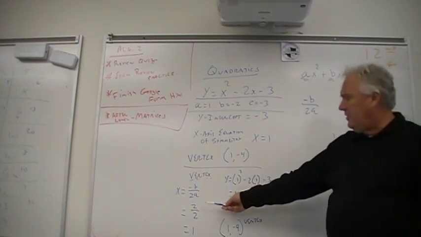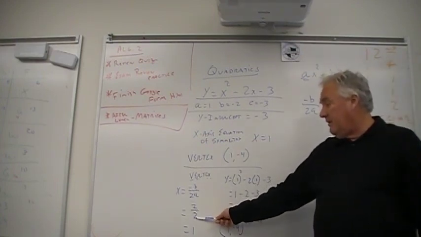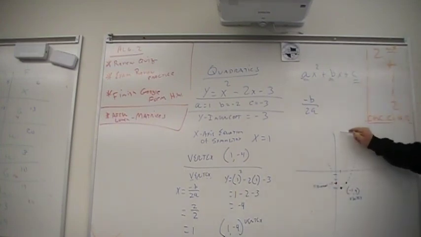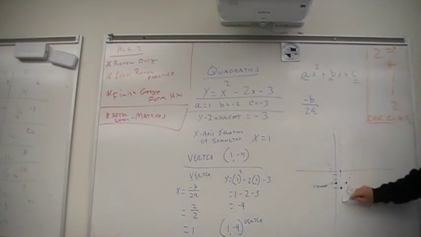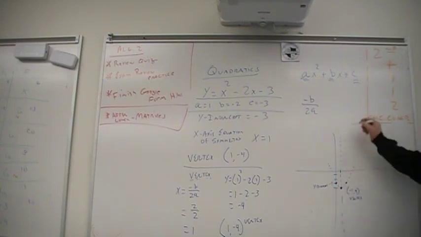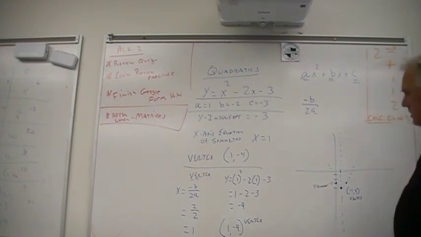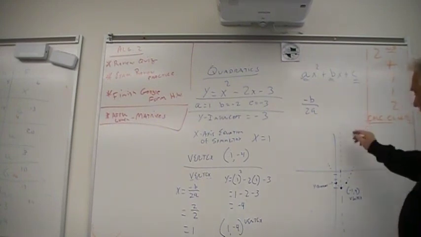So substitute those in, keep an eye on the negative, and you get 1. So that means our equation is going to be the axis of symmetry right here, which x is 1 because it's a vertical line this way.